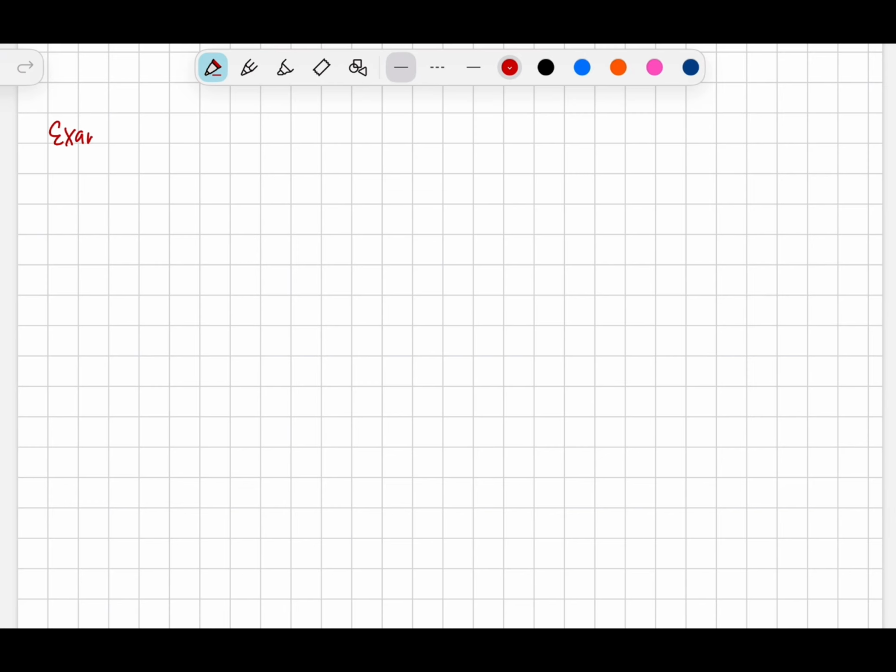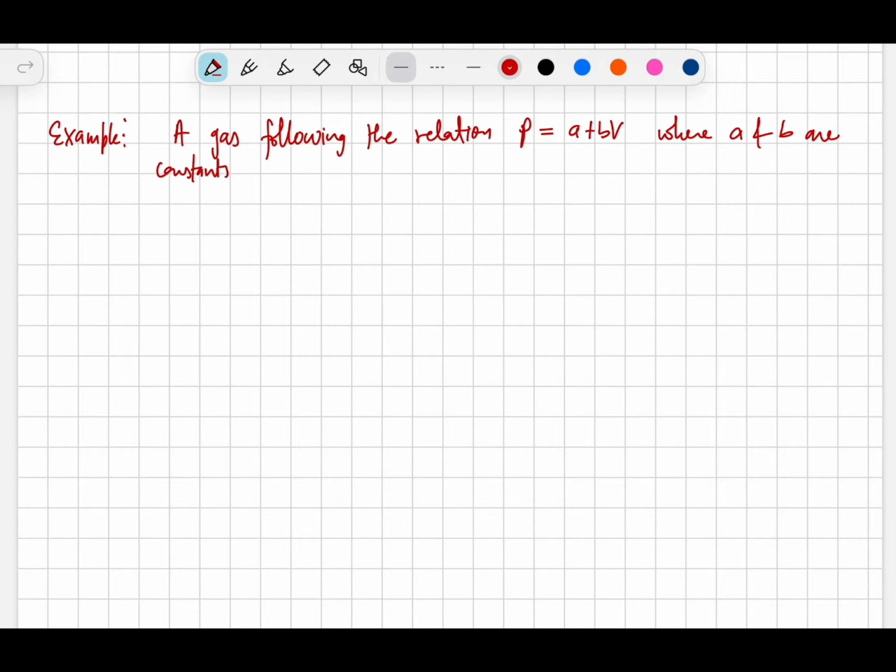For example, a gas following the relation P equals A plus BV, where A and B are constants and V is the volume of the gas.